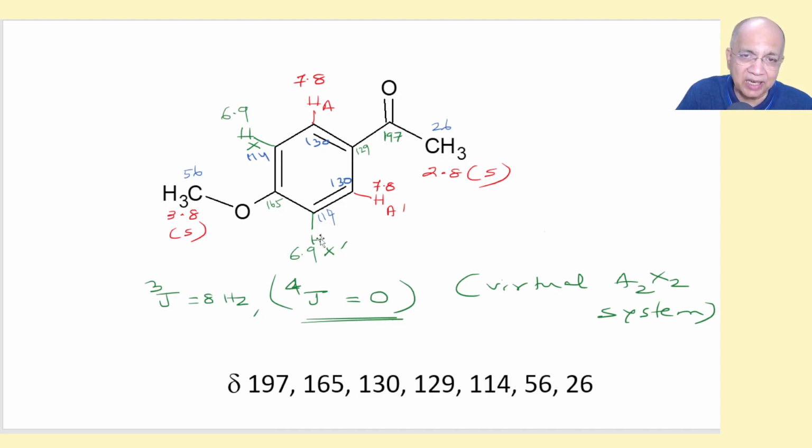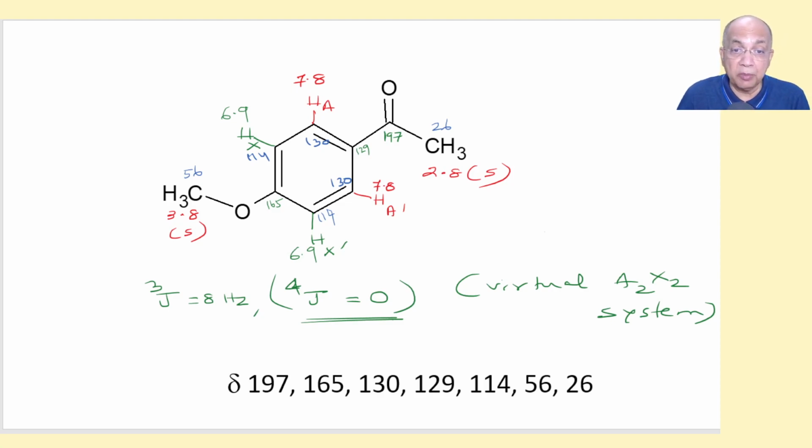This is very understandable. And each one will be a doublet by J3 coupling, the J5 is invisible. So this is a doublet, this is a doublet, and the equivalent protons do not spin couple. So each is a doublet. The J5 is not visible.